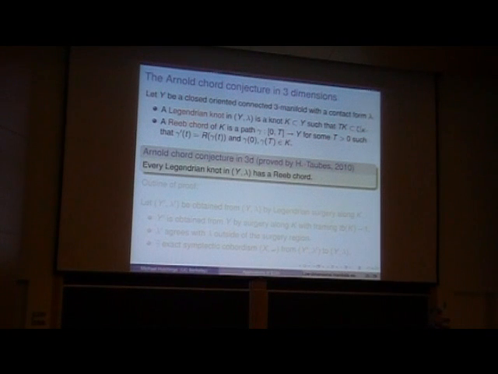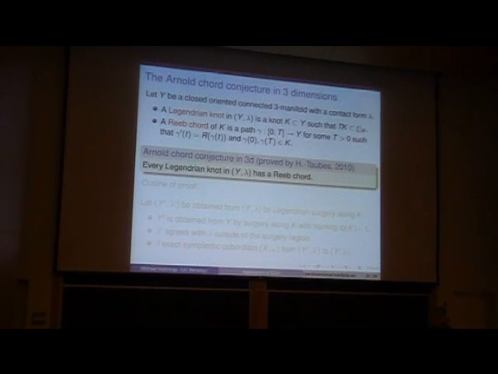A Reeb chord is a trajectory of the Reeb vector field which starts on the knot and ends somewhere else on the knot, or possibly at the same point. The Arnold chord conjecture says that every Legendrian knot has at least one Reeb chord. There are some partial results on this by Klaus Mohnke and by Casim Abbas, but with Seiberg-Witten theory, we can prove it in general.